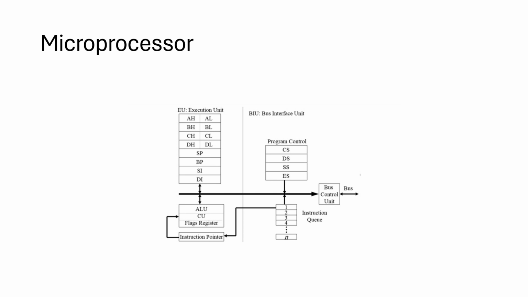The BIU, the bus interface unit, also accesses instructions from memory and places them in the instruction queue for the execution unit to use.